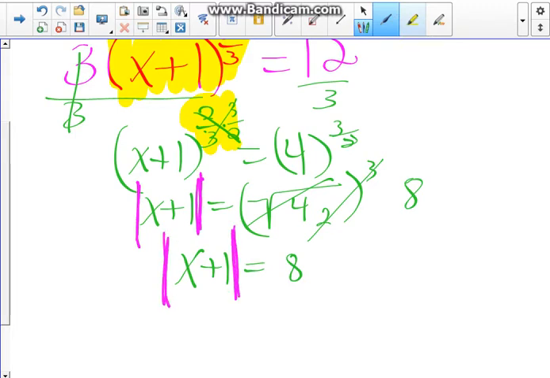Anytime you have an even, either in the numerator or the denominator or both, you've got to use the absolute value when you clear.